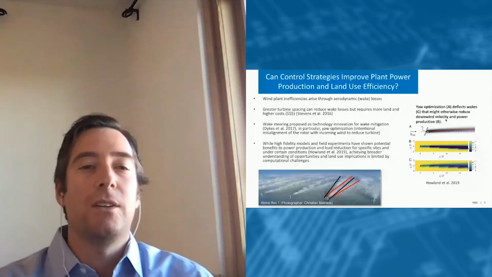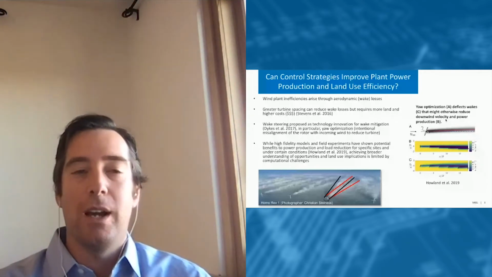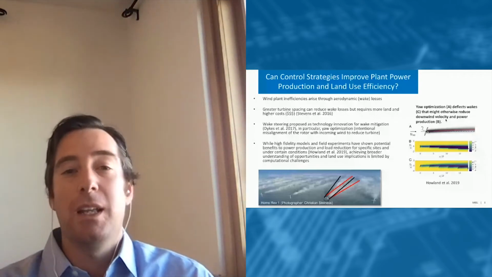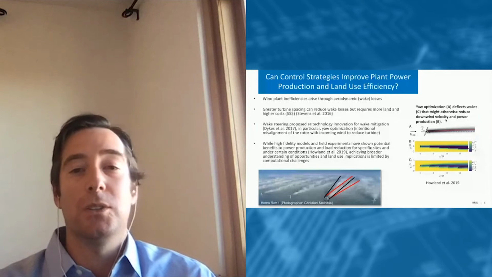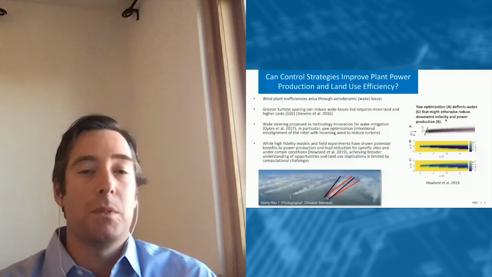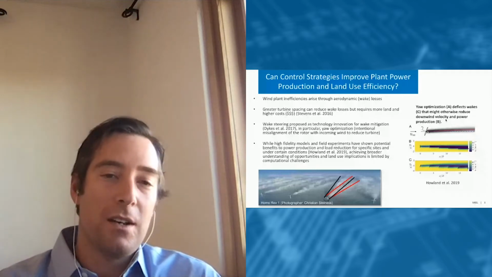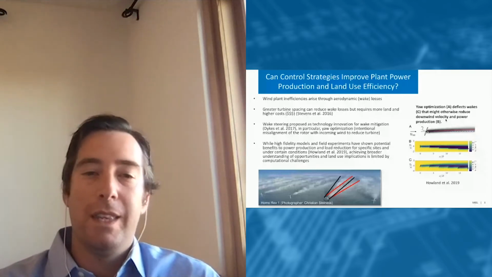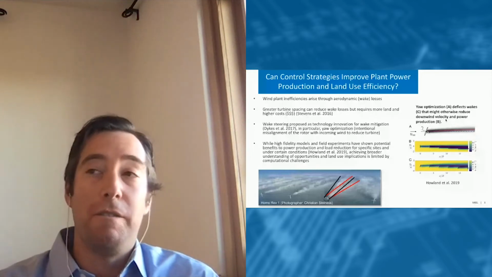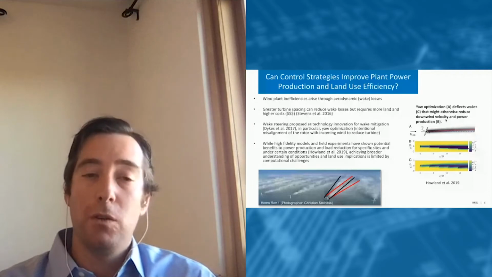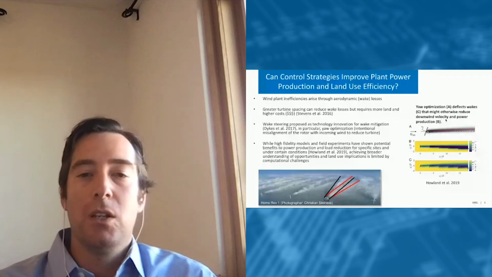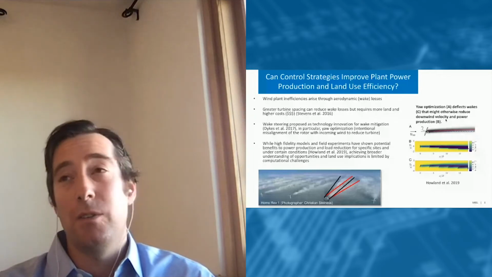And so wake steering is this technology innovation that's on the horizon that's really exciting because it could potentially improve the profitability and efficiency of wind plants while also minimizing or reducing how much land they need to take up. So it's an important consideration. The challenge is that although this technology has been demonstrated with some higher fidelity physics-based models and also with a few field experiments, those benefits have really been limited to specific sites and under certain conditions.